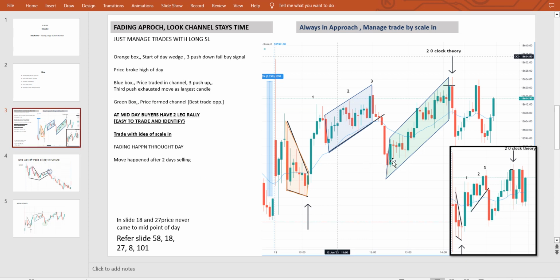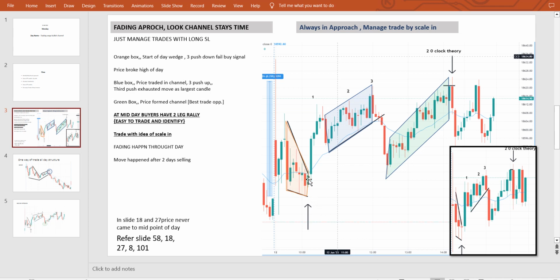Now there is also a chance that this channel will move further down, if this green candle does not happen or price goes below it. There is a fade structure as well: buyers faded here, sellers faded here. Every breakout will fade.